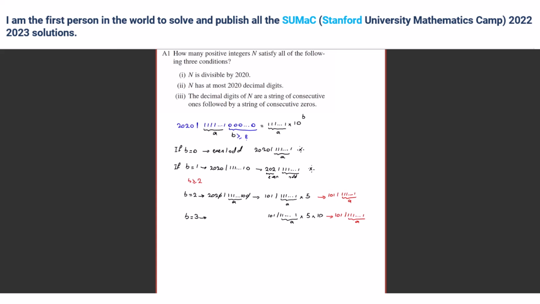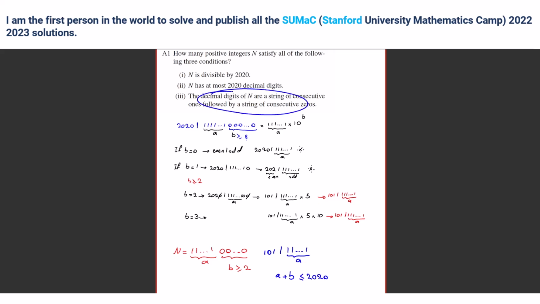Yes. Okay. So now let's write N. N is some number of ones, A ones, and some number of zeros, B, and we know B is at least 2. And it says N is divisible by 20, so the first condition turns out to be: 101 should divide the number of ones, A ones. The second condition says it has at most 2020 decimal digits, so A plus B is at most 2020, right?